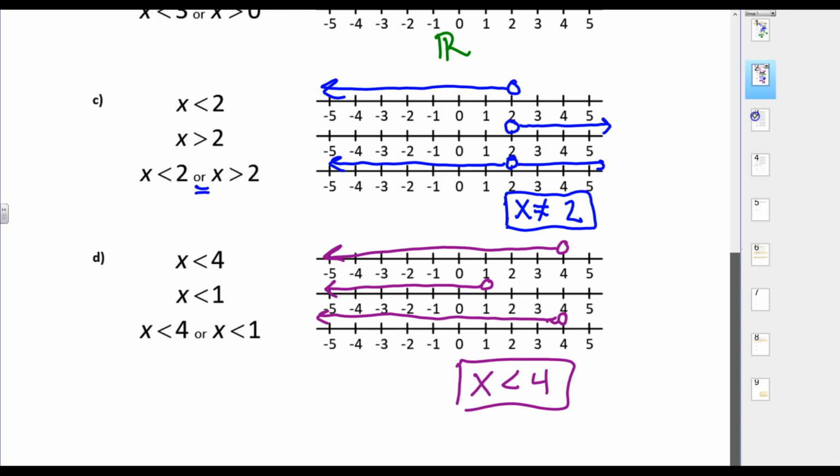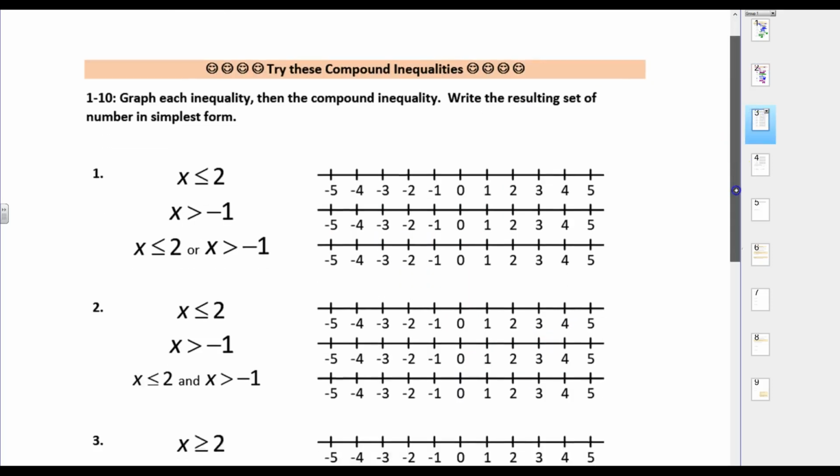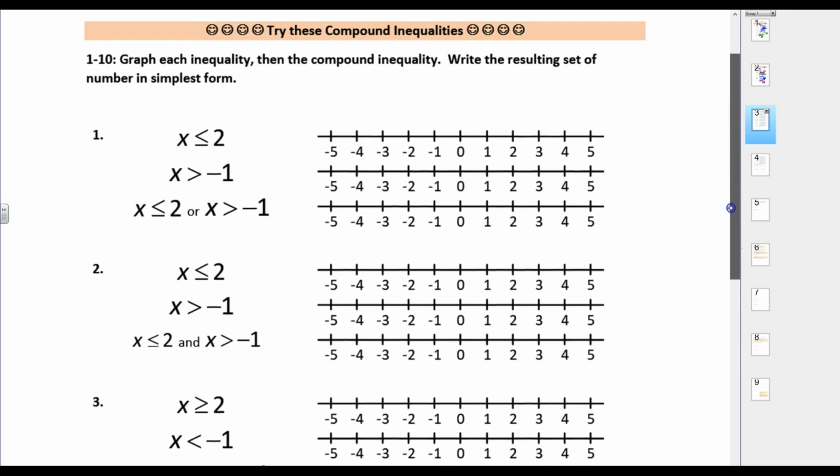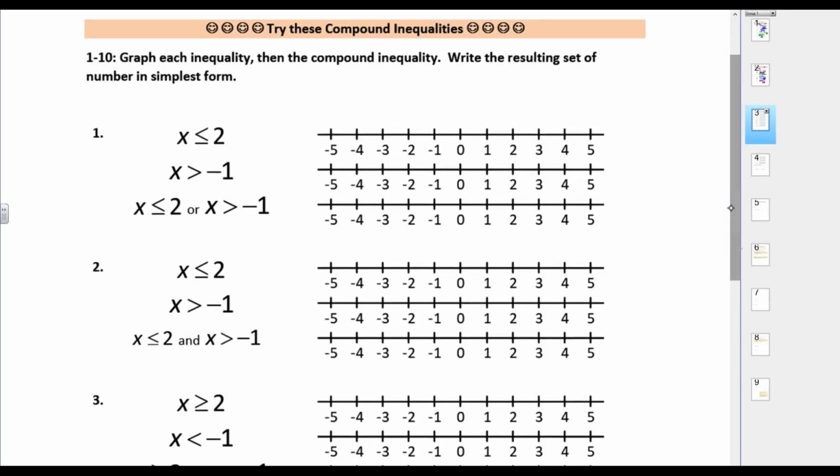Just like that. All right, let's take a look at some of these compound inequalities where you guys are going to try some of these. Let's do the first 2 together, and then I'll let you guys try some. We'll check our answers. So if we've got the word or means we take all shading.